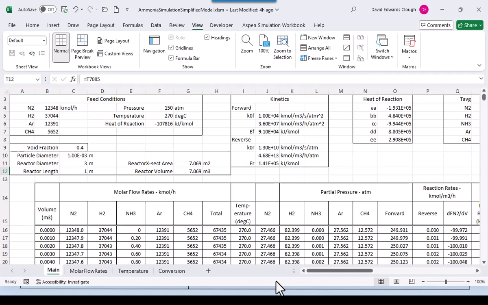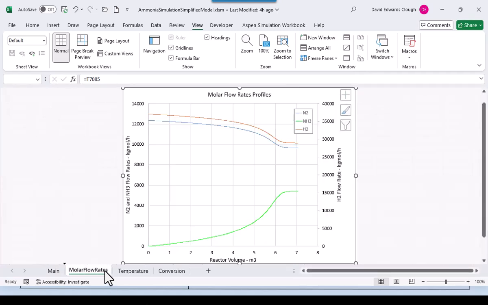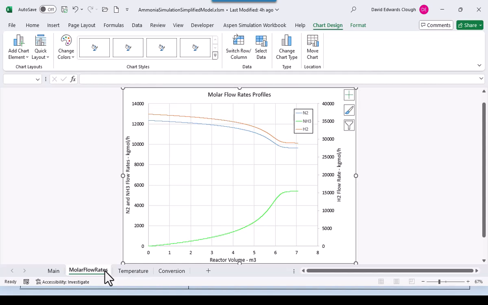So having this, we can use specific columns of our solution, and we can create charts. So here is a chart of the molar flow rates as you go through the reactor. And it shows that the reaction essentially shuts down when we get a little more than 6 cubic meters, and we've got our green here is the ammonia being produced, and we've got our hydrogen and our nitrogen being depleted as we go through that.